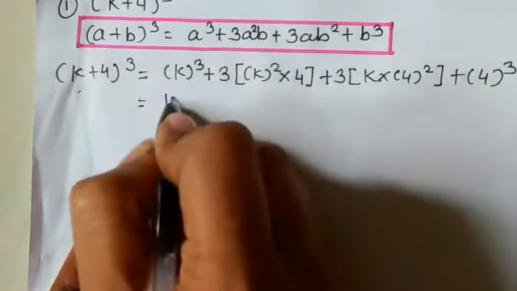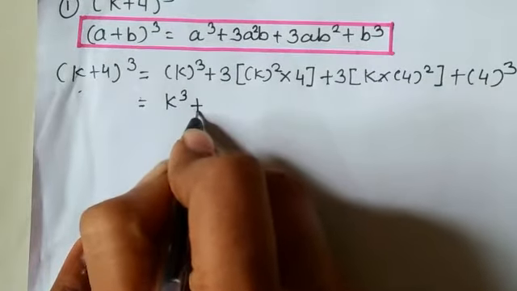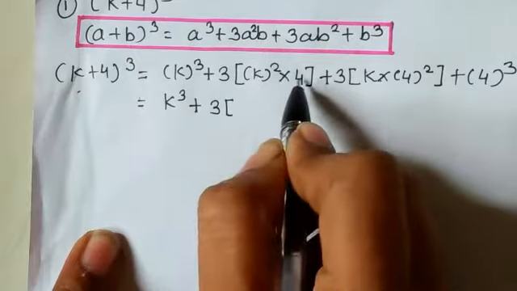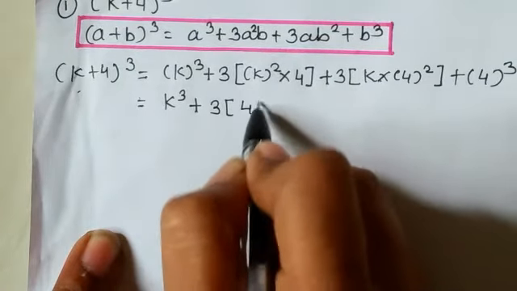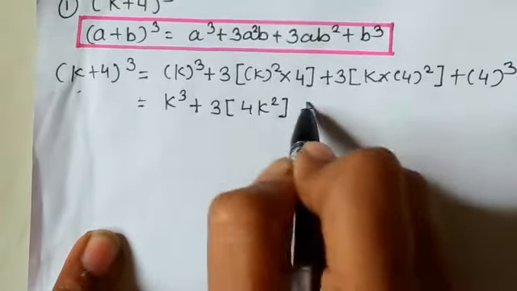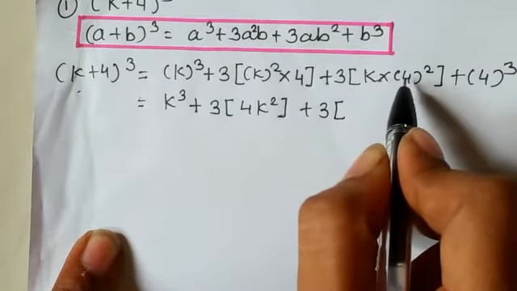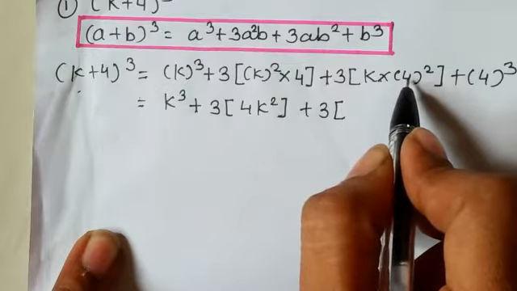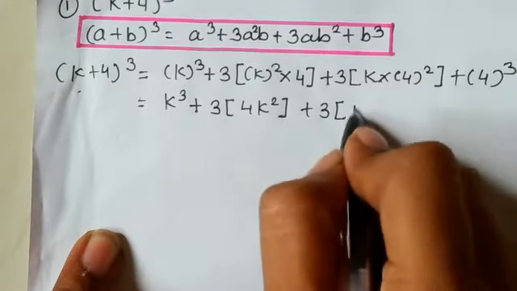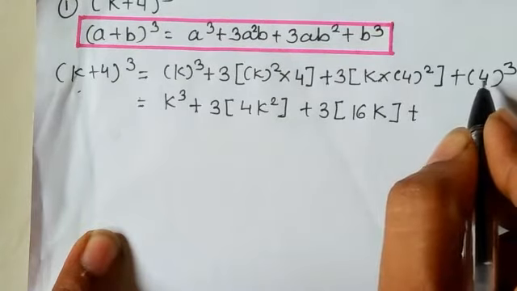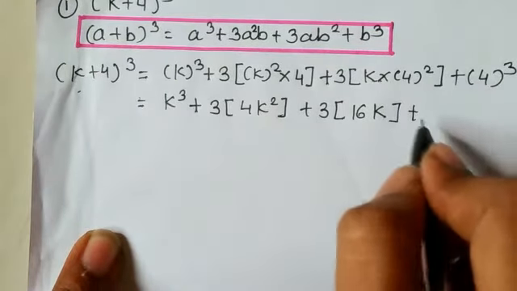Cube of k, it means k raised to 3, plus 3 will be as it is. Let's solve the bracket first. 4 into k square, it means 4k square, plus 3 will be as it is, and k is going to multiply to the square of 4. So square of 4 is 16k, plus the cube of 4 is 64.